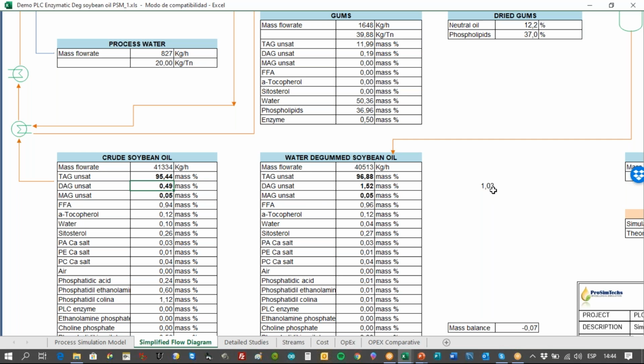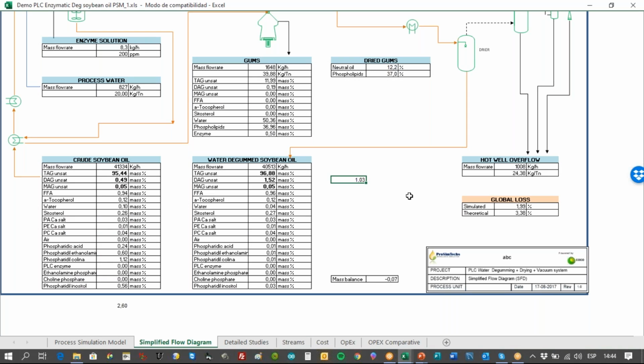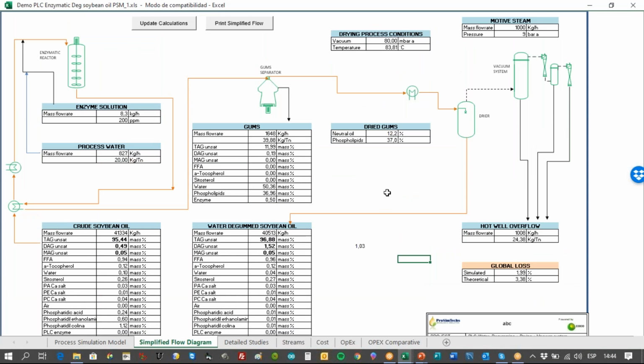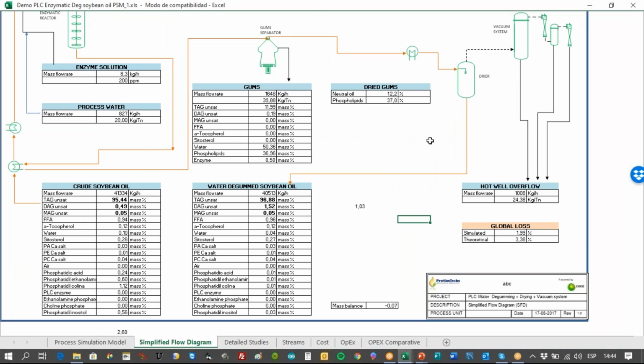So this is the indicator that we are going to follow, or check in our process, to see if our process is running properly.